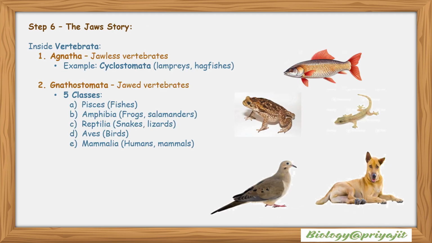The jaw stories: inside Vertebrata, Agnatha and Gnathostomata, there are 2 groups of animals. Agnatha are the jawless vertebrates, example Cyclostomata like lamprey or hagfishes. But Gnathostomes are the jawed vertebrates. They have 5 classes like Pisces or fishes, Amphibia like frogs and salamanders, Reptilia lizards and snakes, Aves birds, Mammalia humans or other mammals.